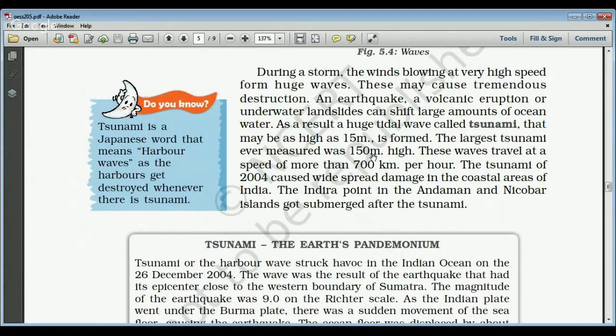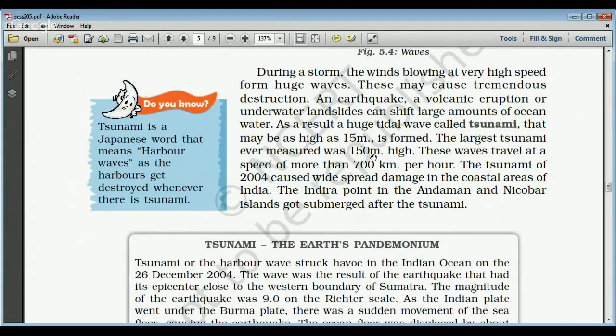See, whenever the earthquake comes underneath the water, or on the ocean surface, or a landslide comes, then a large amount of water moves. One plate will go down and the other plate will remain at the same position.